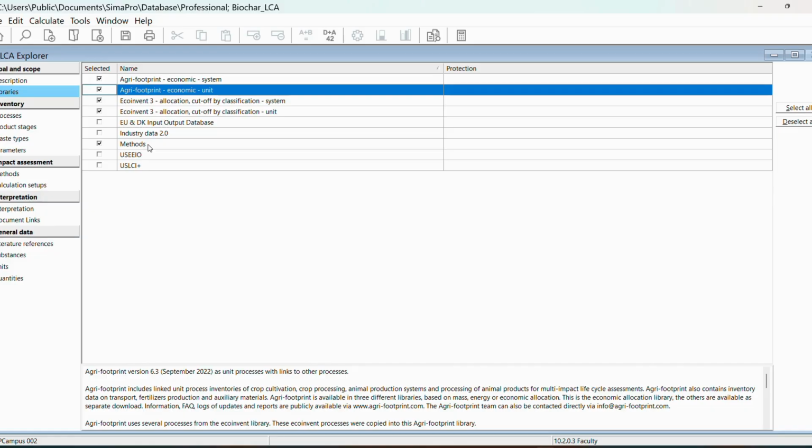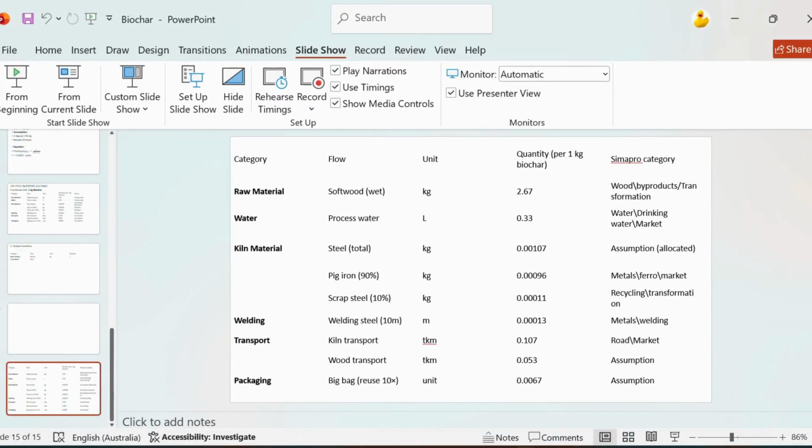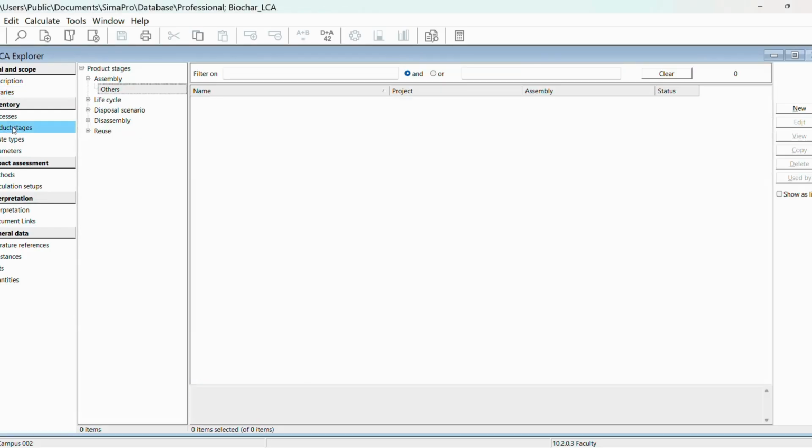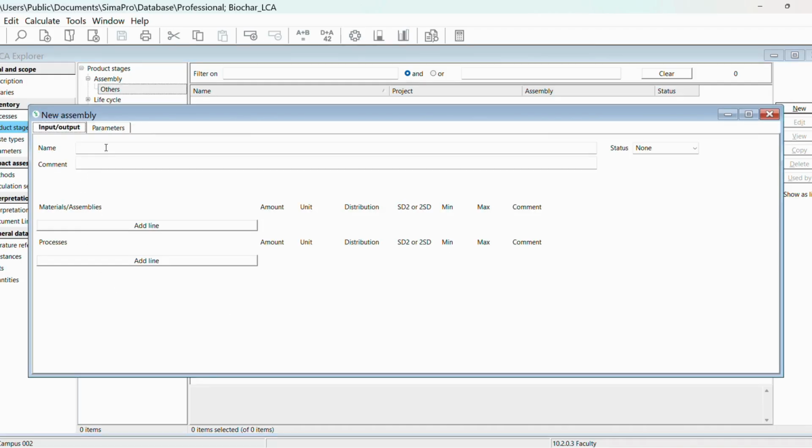And now let's go to the product stage and update the database, and we will model it in the product stage. In the product stage, we will create a new assembly, that is biochar, let's say 1 kg, which is our functional unit. And then let's update each inventory step by step.